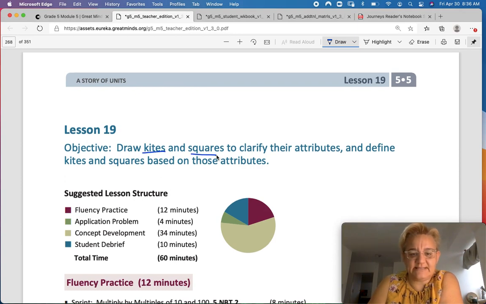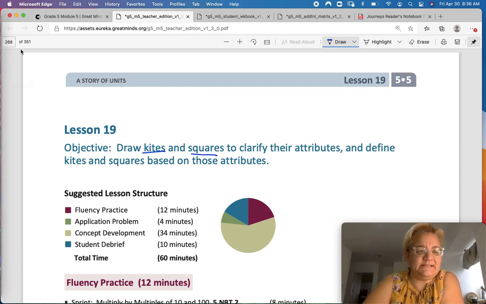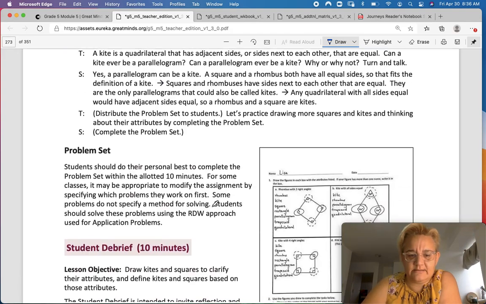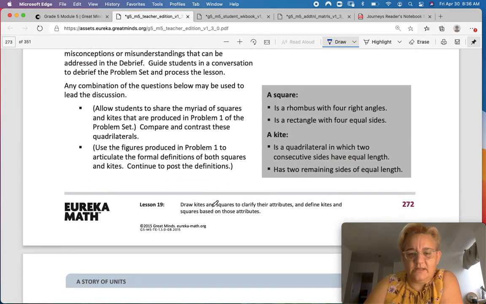Okay, kites and squares. Let's talk about the attributes of those two really quickly. A square is a rhombus with 4 right angles and is a rectangle with 4 equal sides.